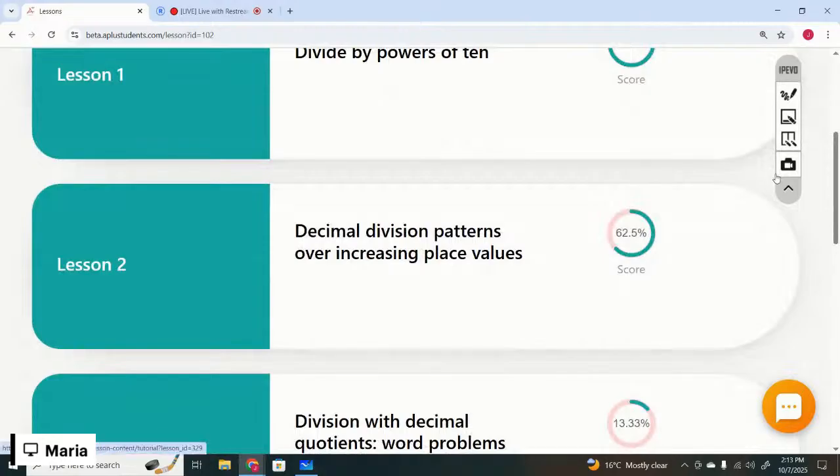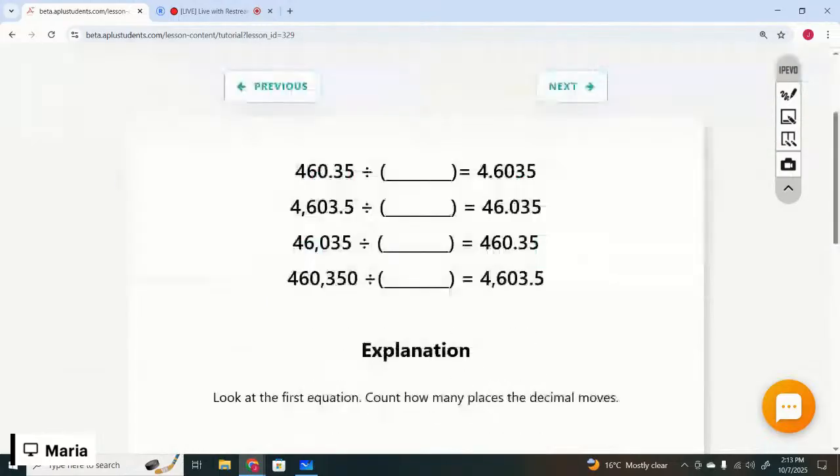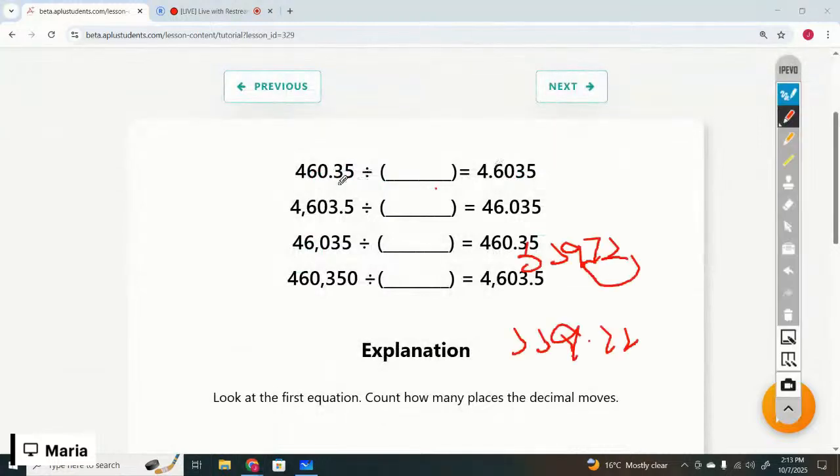Decimal division patterns over increasing place values. Let's just start with the lesson. 460.35. You just have to look at the movement of the decimal point.